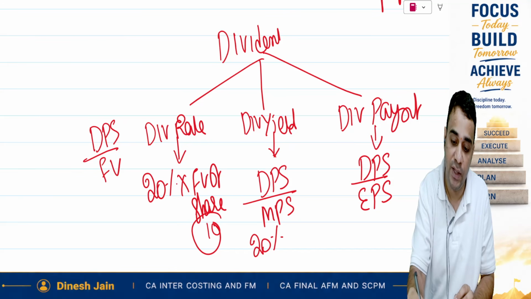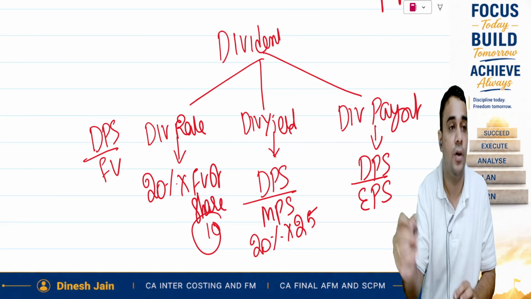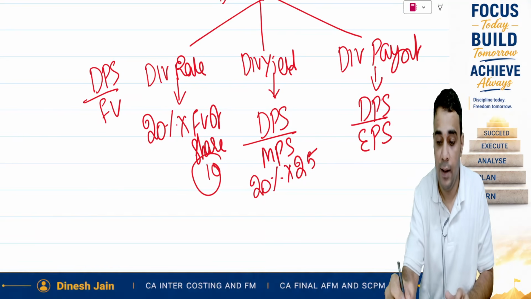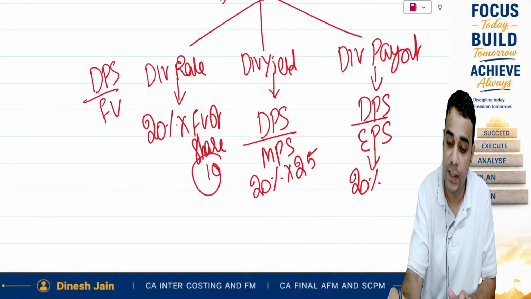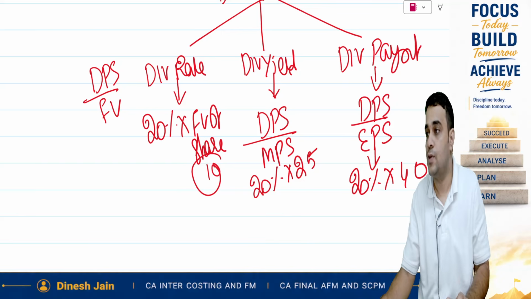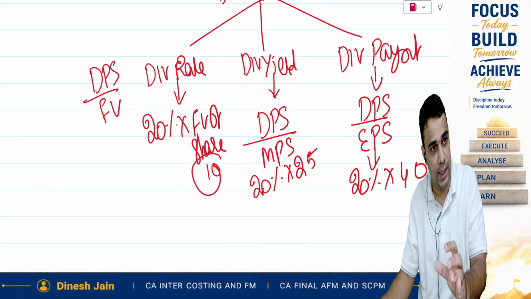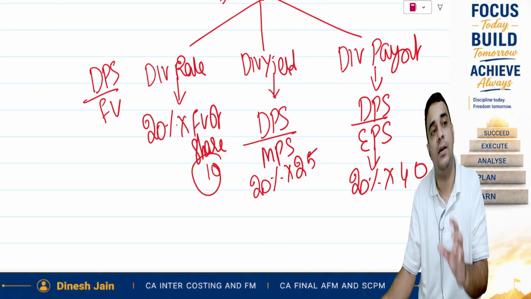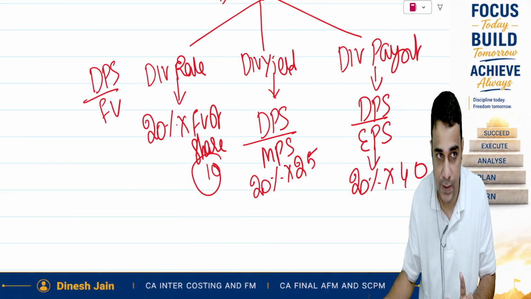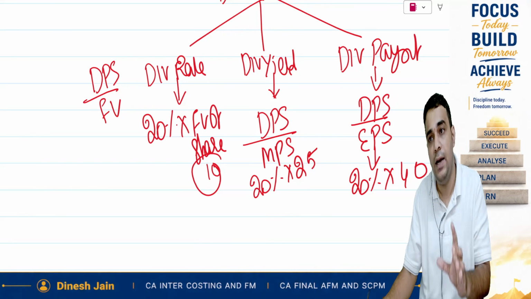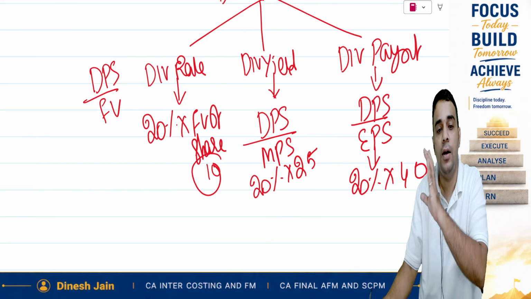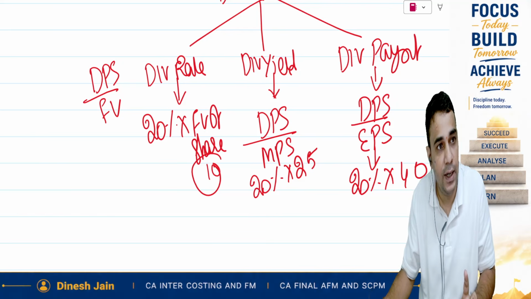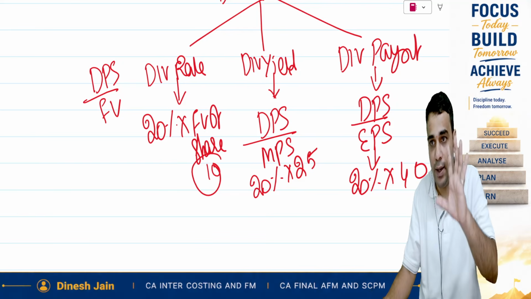Multiply 20% with NAV, which could be 25, and multiply 20% with EPS, which could be 40. So same percentage but different dividend per unit. Able to understand this?